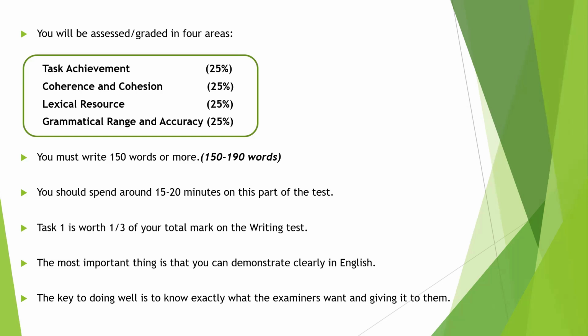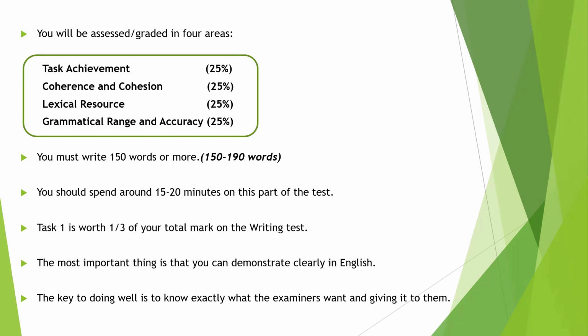The examiners will score you based on these band descriptors. After you have written your letter, the task achievement, the ideas, which means the coherence and cohesion, the lexical resource, which stands for vocabulary, and the grammatical range and accuracy will be judged upon, and the examiners will give you a score out of 9.